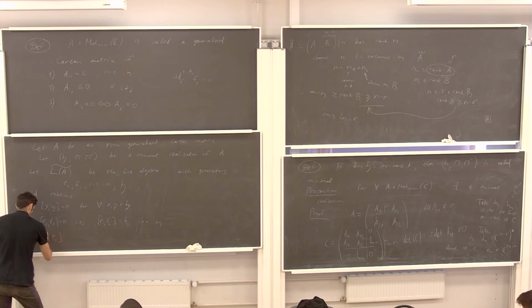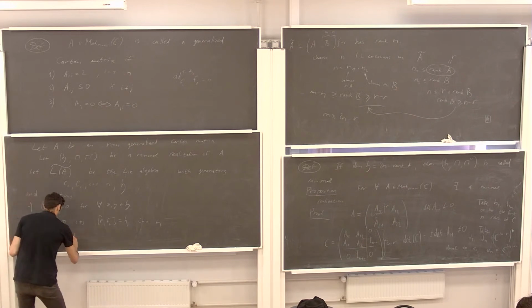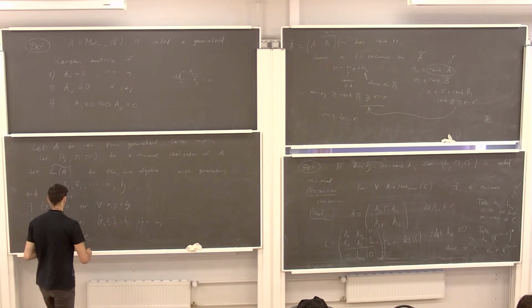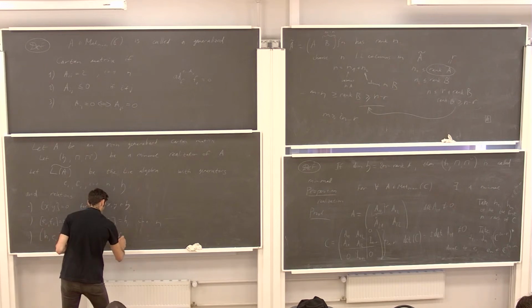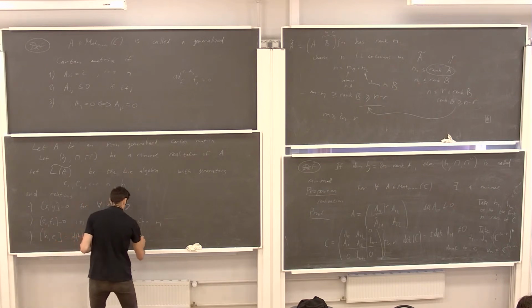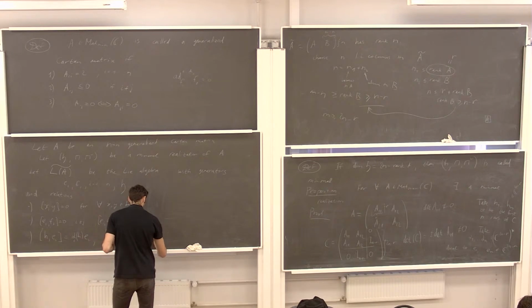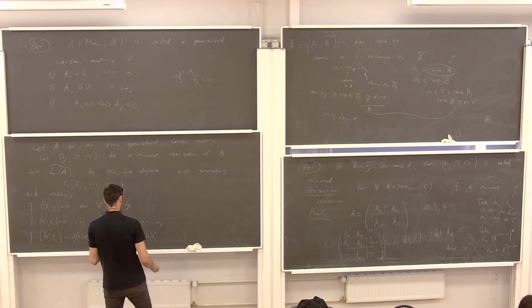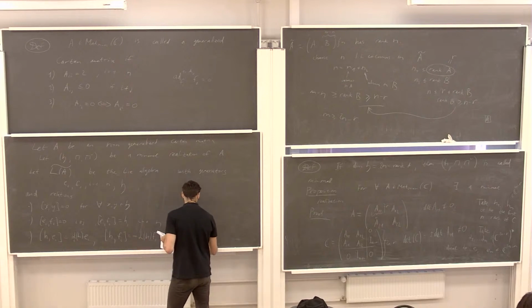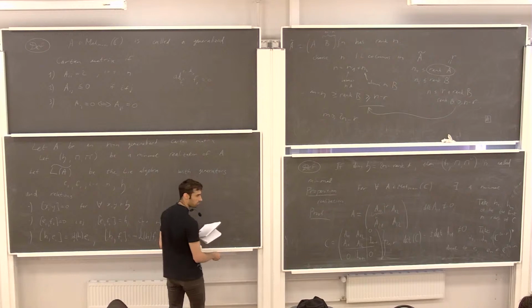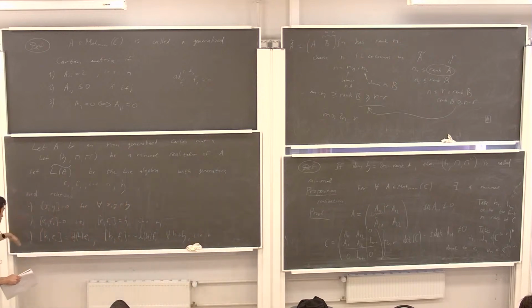If I commute h with e_i, I will get alpha_i of h times e_i. And if I commute h with f_i, I will get negative alpha_i of h times f_i. And this is for any h from h and i from 1 to n. So this is it. These are all the relations that I have so far.